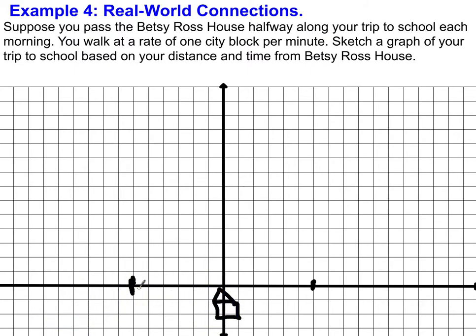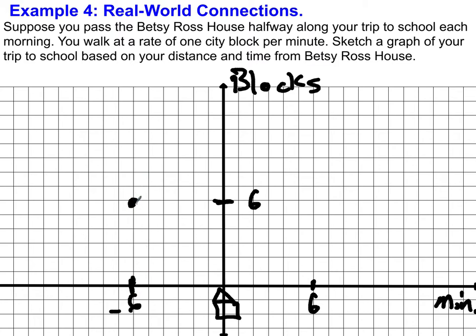But let's say at negative 6 minutes, I'm at my house. It takes me 6 minutes. So over here, and these are blocks. So 6 blocks. So this is blocks, and this is minutes.